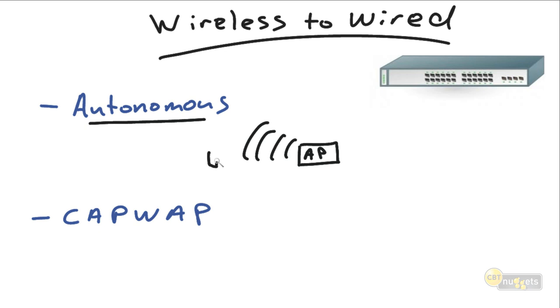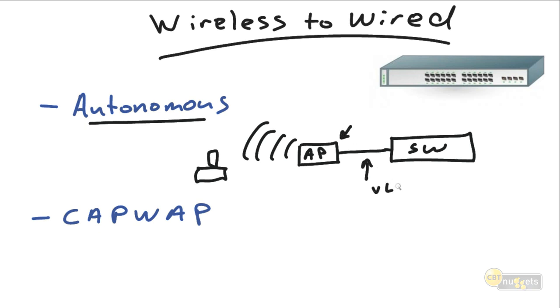You're going to have clients out there that are consuming the wireless infrastructure. The access point is going to connect to your wired traditional switch infrastructure, and it is going to be the bridge between those two architectures. Here, we will literally be taking traffic from the clients and putting them into VLANs in the wired infrastructure.